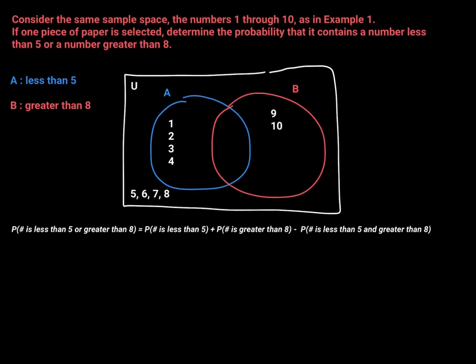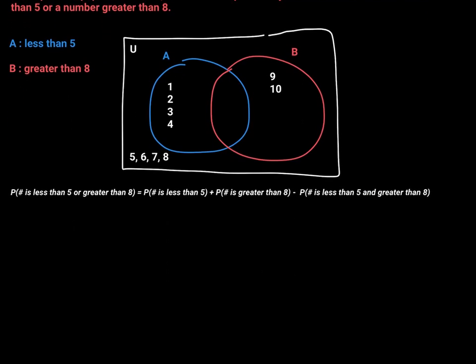So I'm going to look at my Venn diagram here. The probability that the number is less than 5, that's all the numbers in that blue circle. There's 4 there, so 4 out of 10 numbers, plus the probability that the number is greater than 8. Those are the numbers that are in set B, so that's 2 out of 10 total numbers, minus the probability that the number is less than 5 and greater than 8.